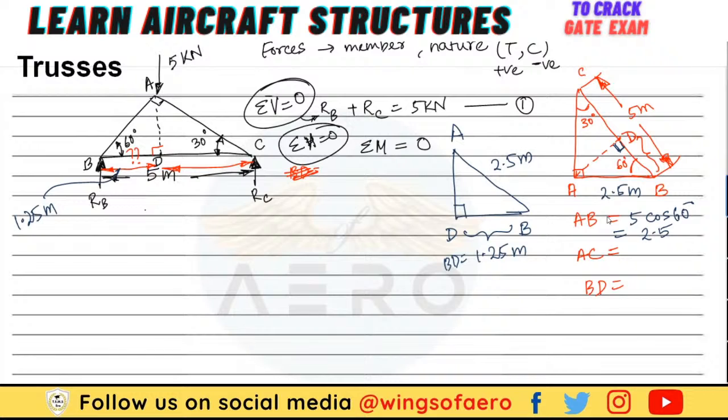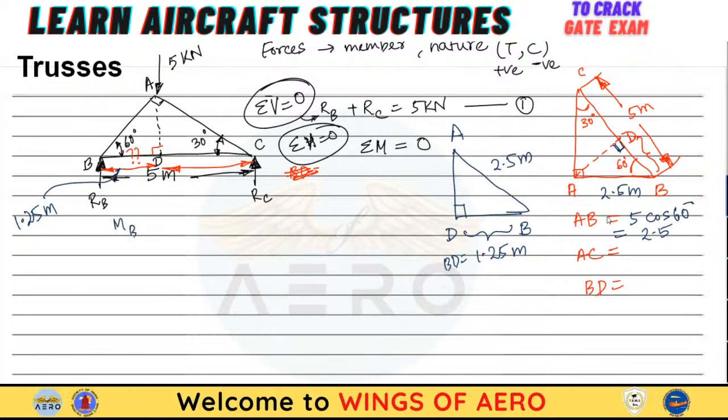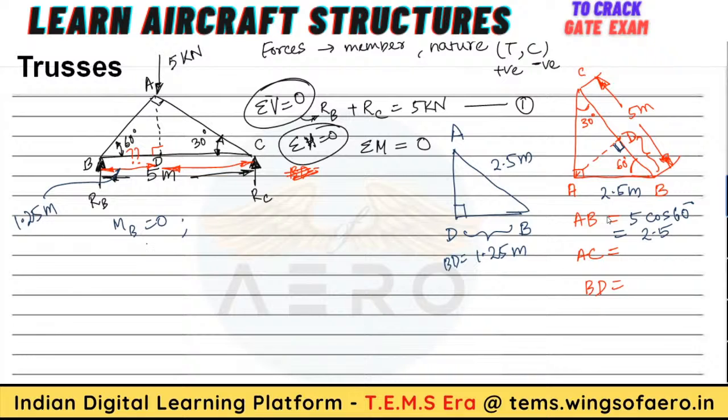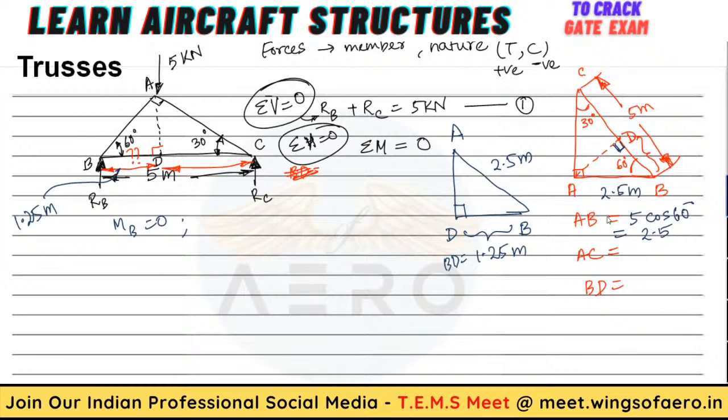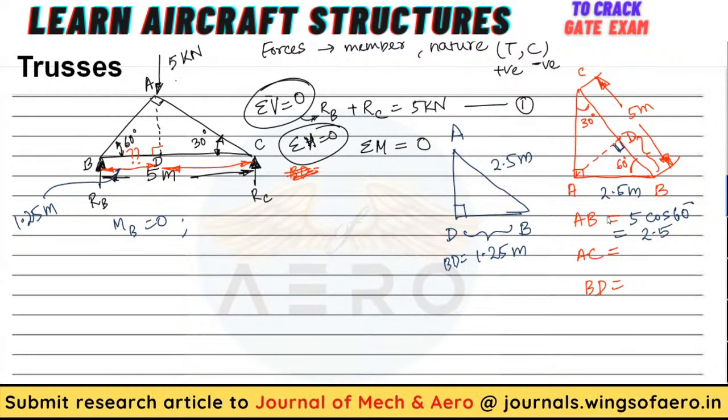Now it depends on which side you want to take the moment. If I take the moment about B, accordingly you will get it. Now find out the moment. If I take the moment about the point B, then I will get the perpendicular distance of the point A, that is 5 kilonewton into my BD, which is going in a clockwise direction.